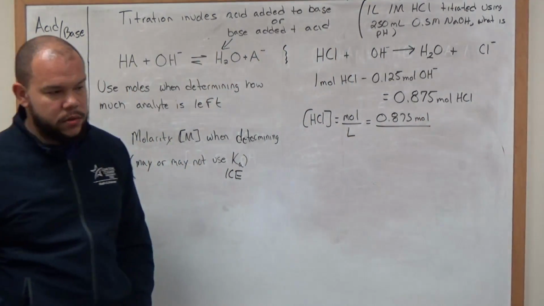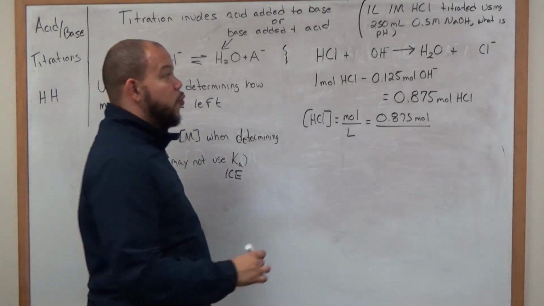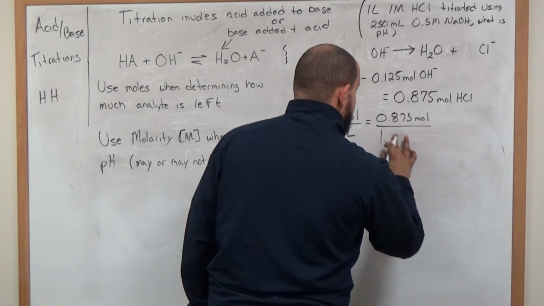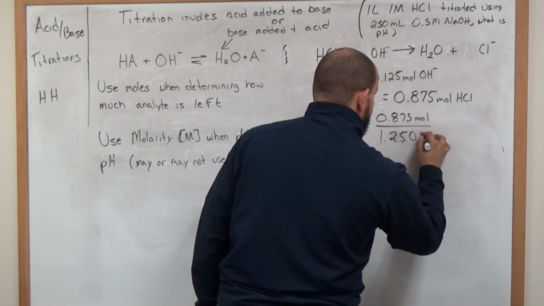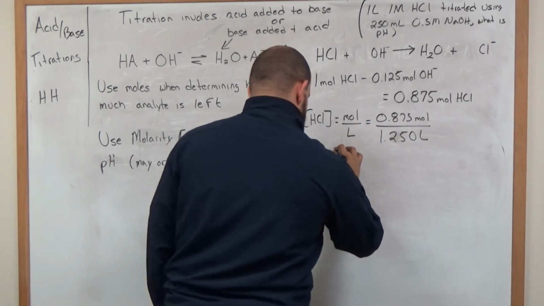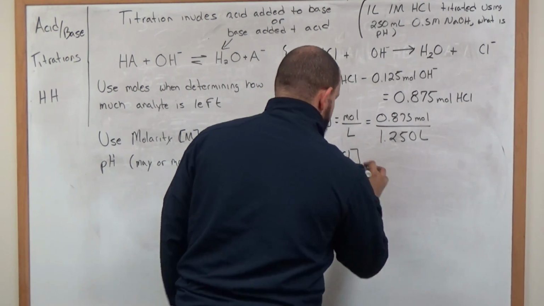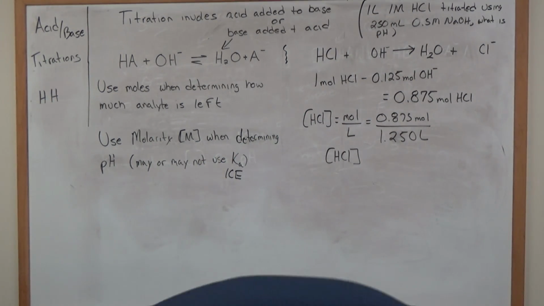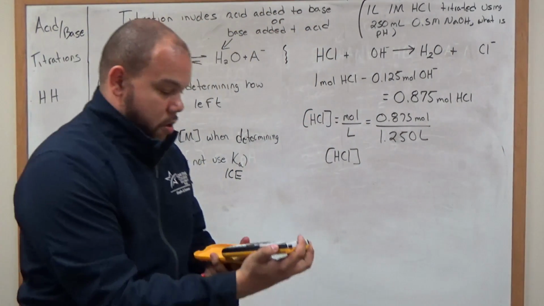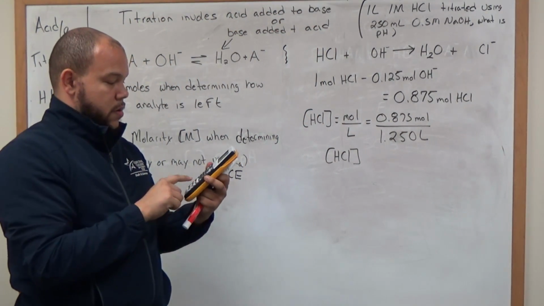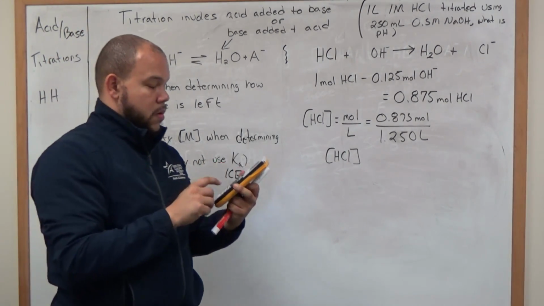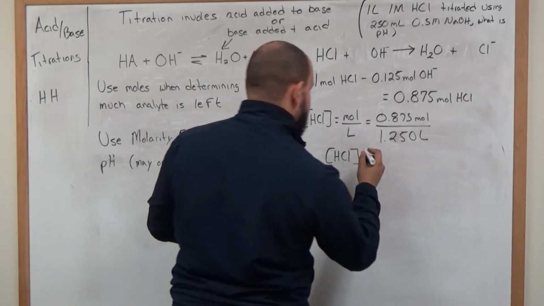Number of liters is 1.250 liters. Therefore, our concentration of HCl will be 0.7.